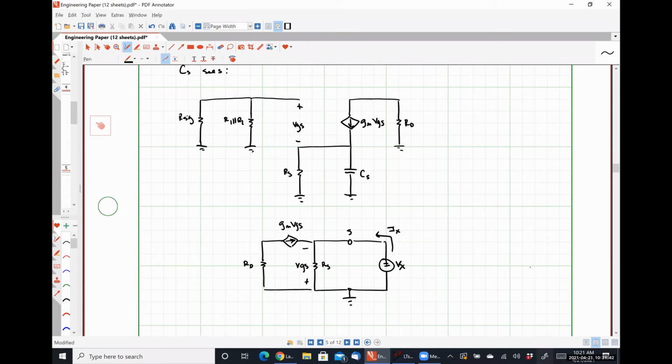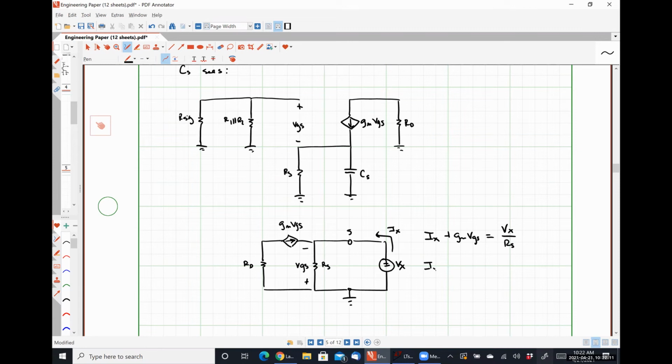Just doing good old Ohm's law, or excuse me, KCL, I see that Ix is flowing into the source node, gm VGS is flowing into the source node, and Vx divided by Rs is flowing out of the source. I can see by inspection that Vx is equal to negative VGS.